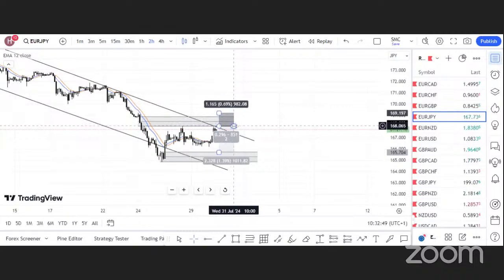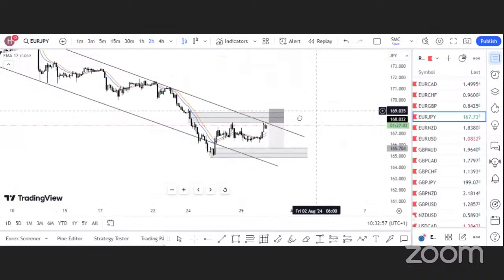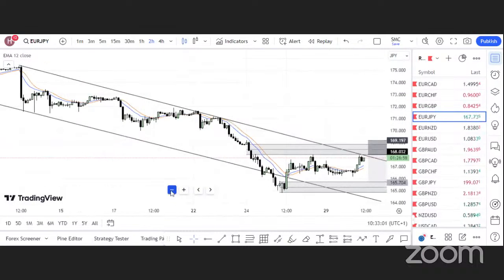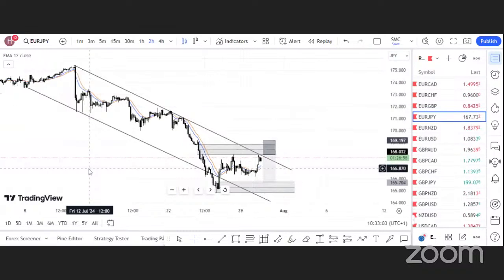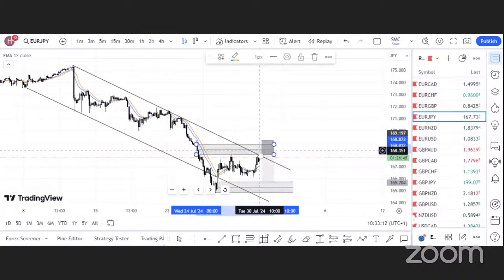So right now, what we expect here is, I expect the market to come into this level. I expect it to go inside this box, which is our support level.